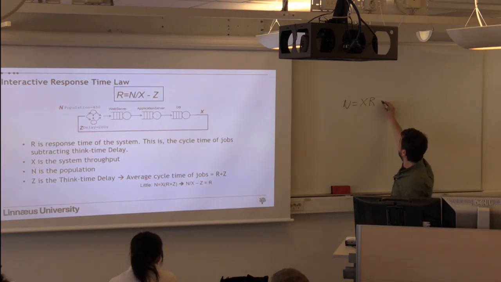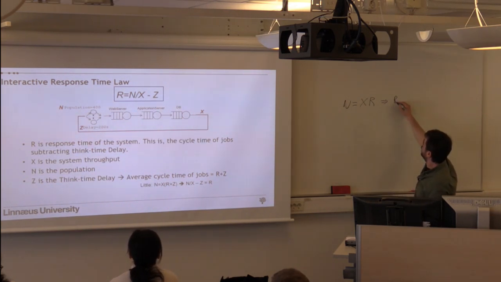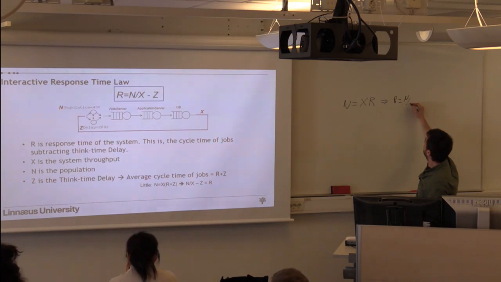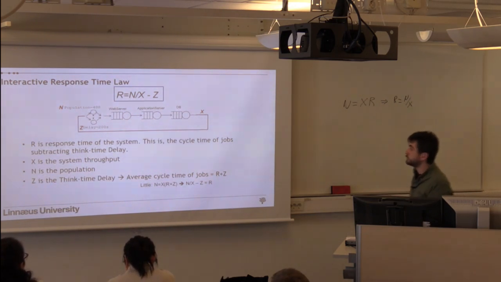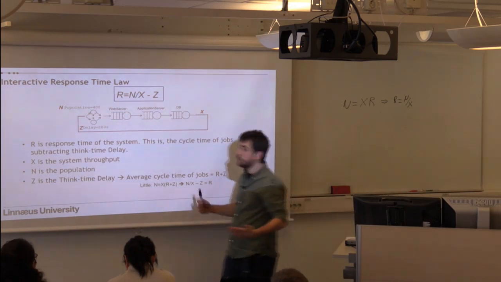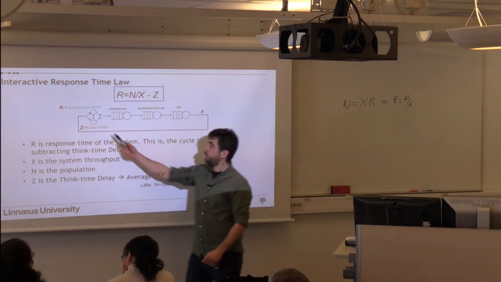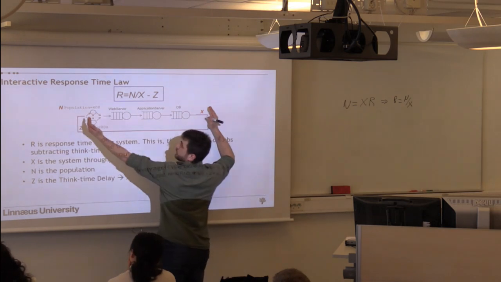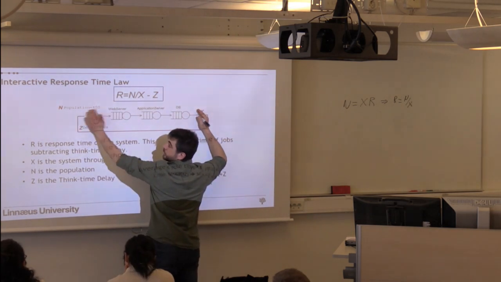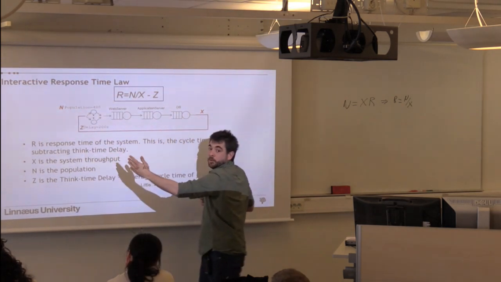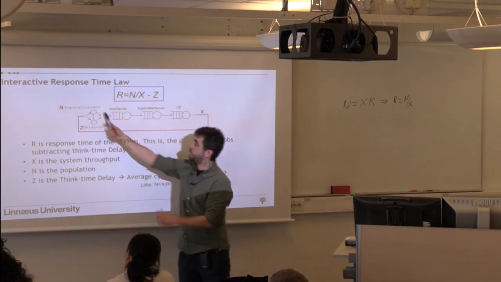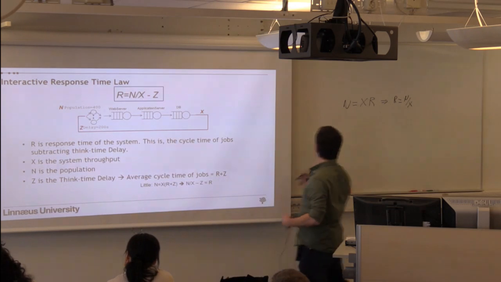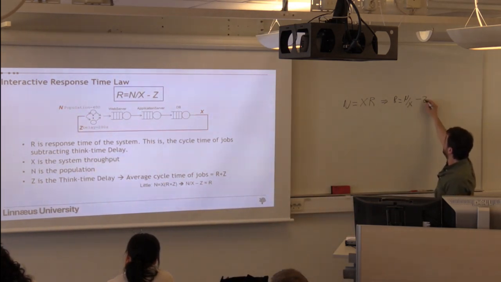We can move the residence time, so this time is equal to the number of users divided by the throughput. And this is true, so Little's law applies, but in this case, the R we are computing comprises everything, also the think time, and when we want to know the response time of our system, we don't want to consider this think time. So we subtract the Z.